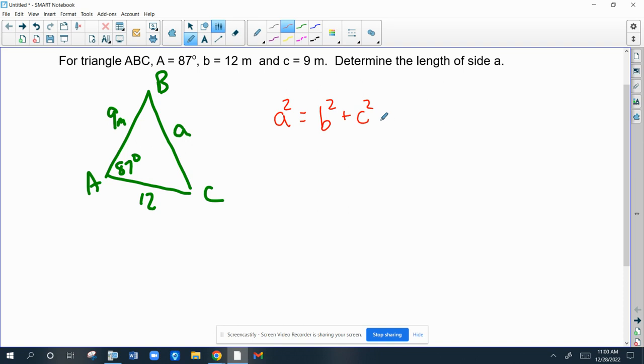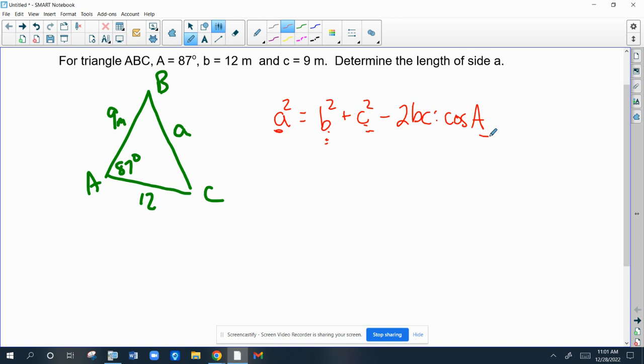It's always then minus 2, and then both these sides multiplied together, the b and the c, bc, and then times the cosine. I'm sorry, it's law of cosines, so that's obviously not going to be sine. Times the cosine of, let me erase that to make that better, of capital A, whatever's opposite this.